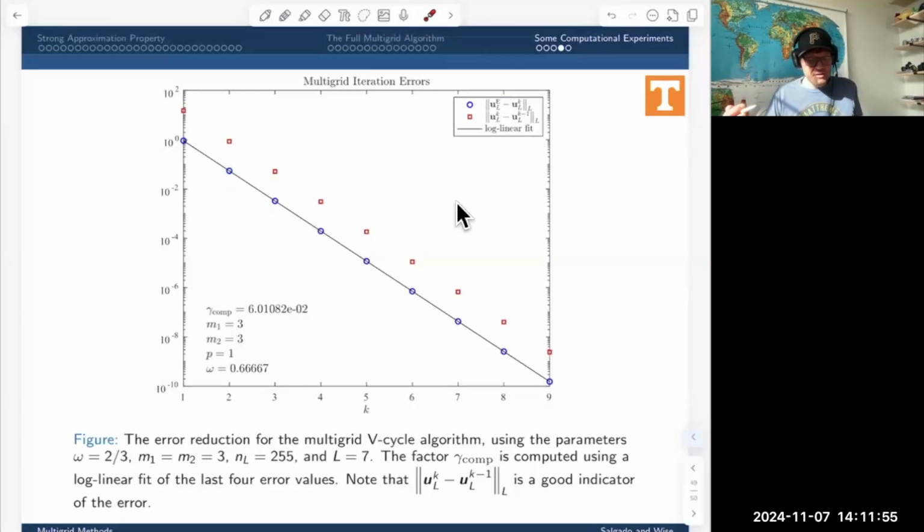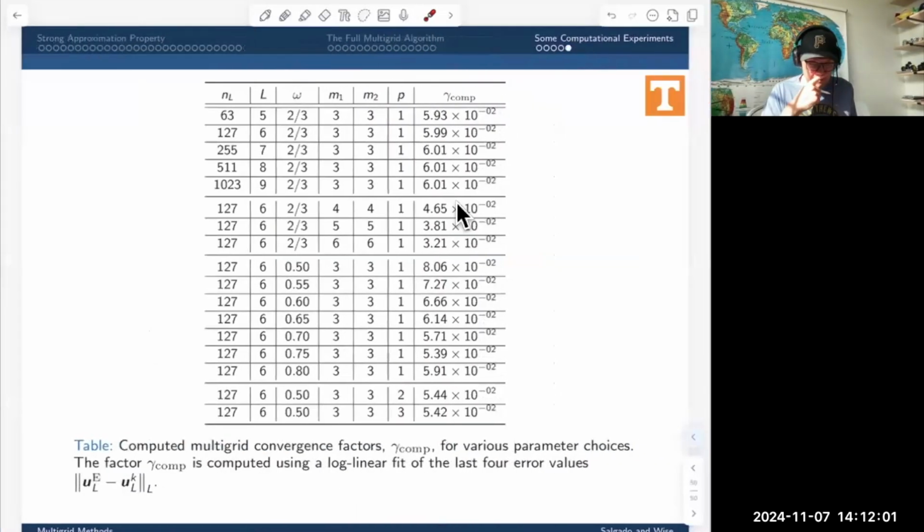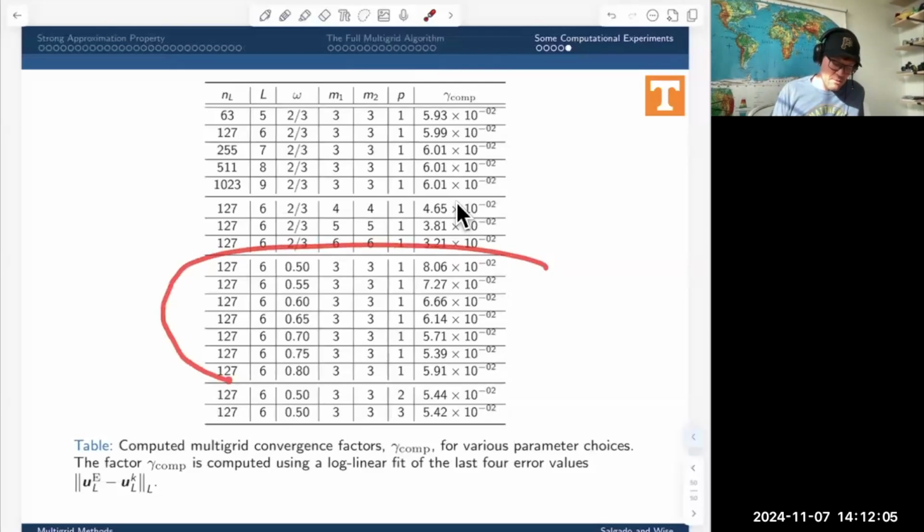Now I can play around with the different multigrid parameters to see if I can do a bit better. So for example, in this table, I'm doing a similar calculation here, but instead of using omega equals 2/3, which would be somewhere in here, I'm going to use a range of omegas.